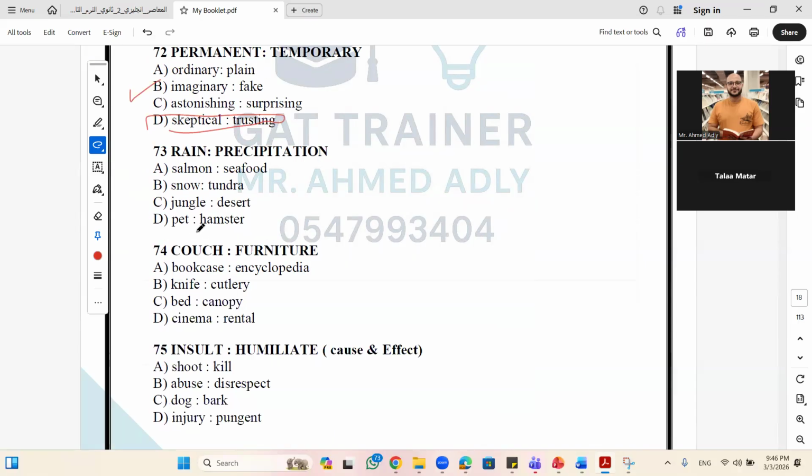Rain and precipitation. Precipitation can be rain, can be snow, can be ice, can be droplets. Good. This is an incredible level of concentration.